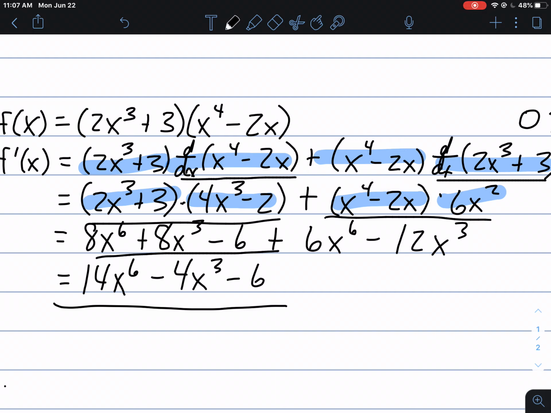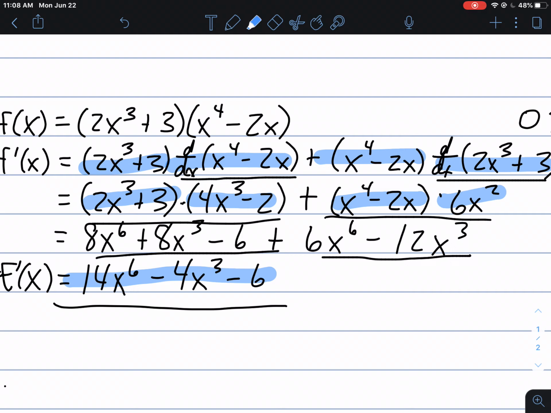On the back end I distributed the 6x squared to get 6x to the 6 minus 12x cubed. Then we just combined like terms, and I end up with my derivative, 14x to the 6 minus 4x cubed minus 6. So we could call this f prime. That is my derivative.